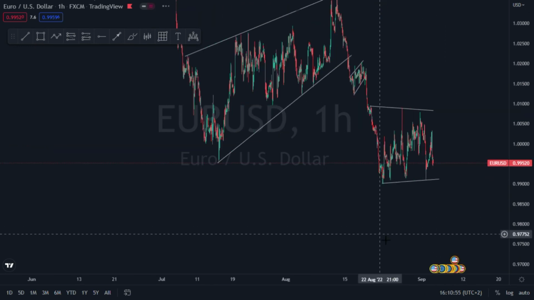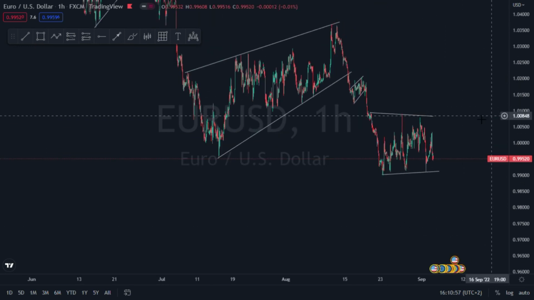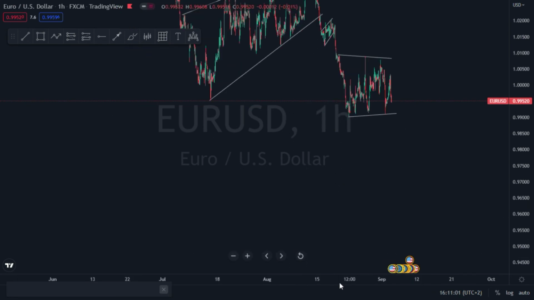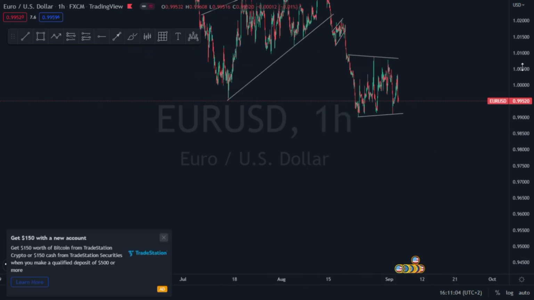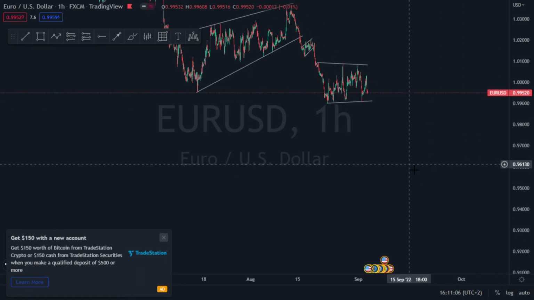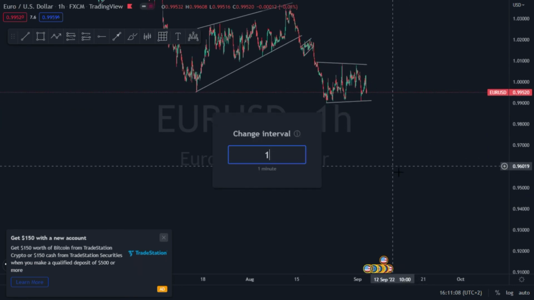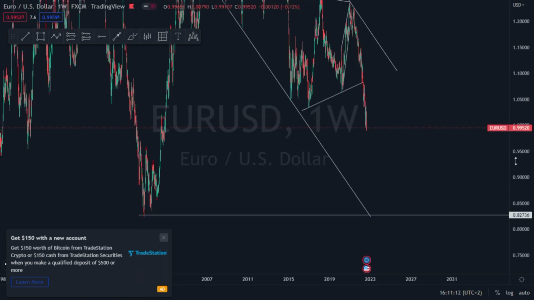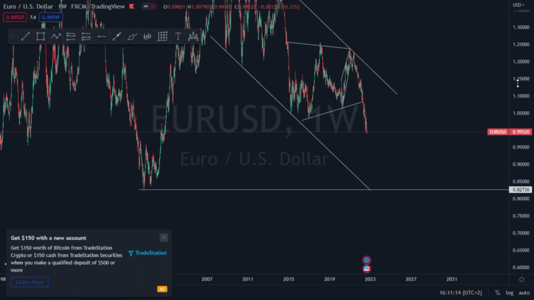So we already saw on the bigger time frame where the market has to go. Here on this Euro USD, I will be looking for sales only, because we already saw on the weekly time frame where the market is more likely to go. We already saw the future trend of this market.